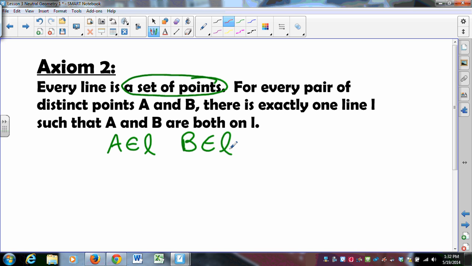We can use set language to get around that a little bit. So every line is a set of points, and this is a familiar incidence axiom. For every pair of distinct points A and B, there is exactly one line L such that A is on L and B is on L. This should sound familiar to you. It is an incidence axiom that we have talked about. Quick little side note here.